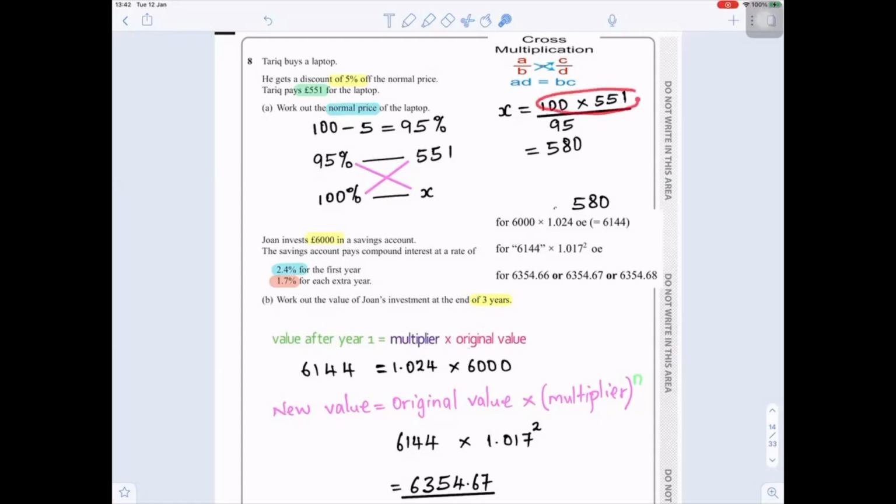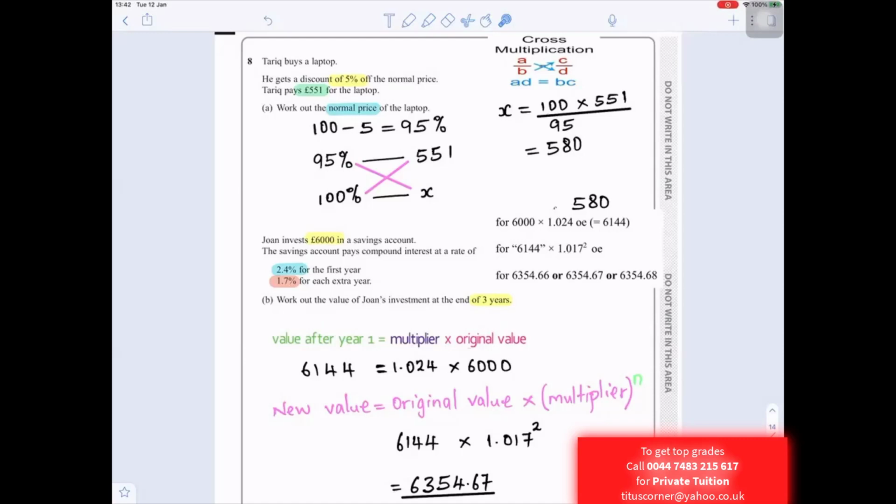So 100 times 551 divided by 95, it gives you 580. So this is the cross multiplication technique I've written at the top right there. A divided by B is equal to C divided by D. When you cross multiply, that means A times D is equal to B times C. And you can rearrange it and solve it if it's in an equation where you have numbers.